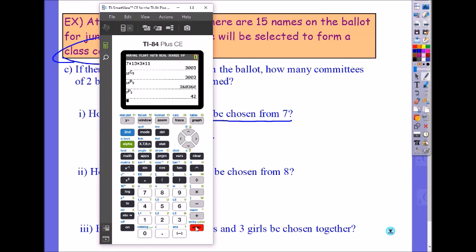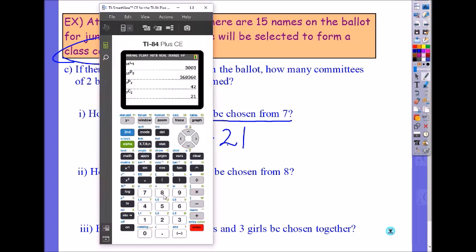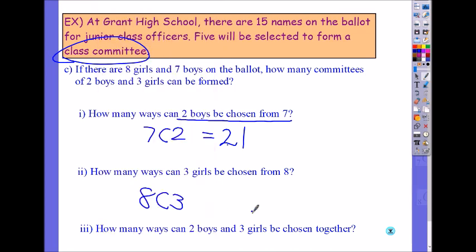The order doesn't matter, so it should be combination. 7, math, 2, yes. So you get 21. How many ways can 3 girls be chosen from 8? So 8 choosing 3. 8, math, probability, choosing 3. So you get 56.